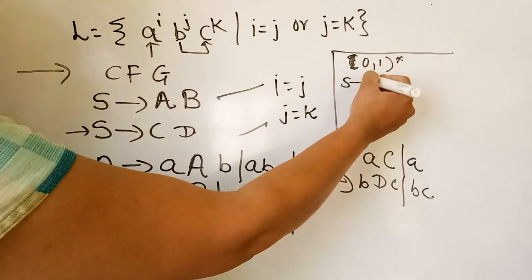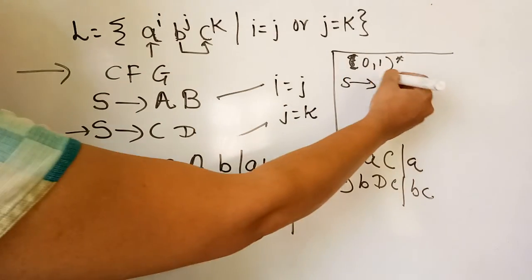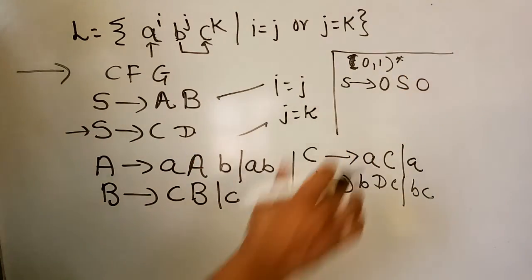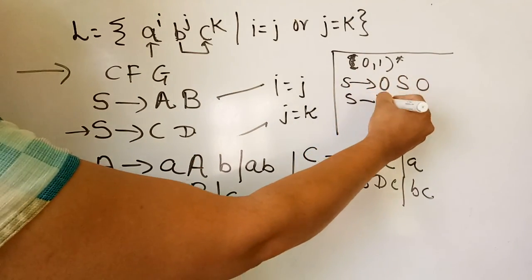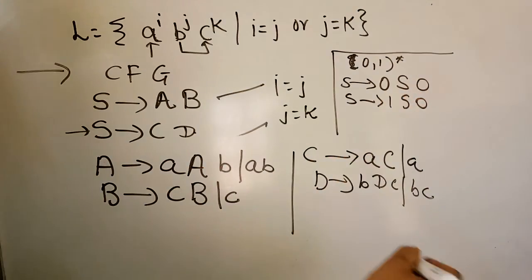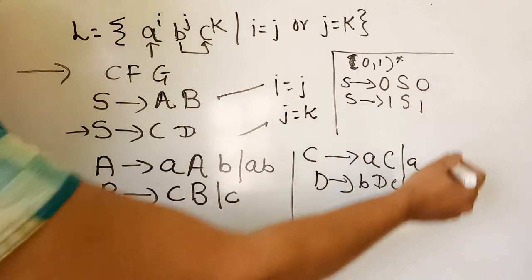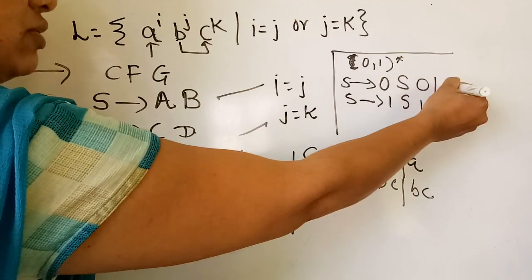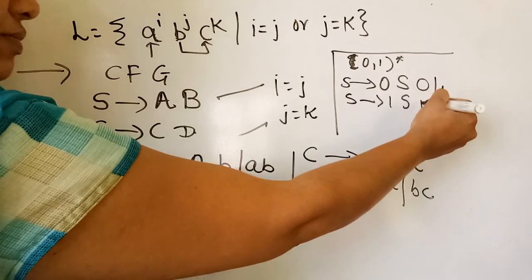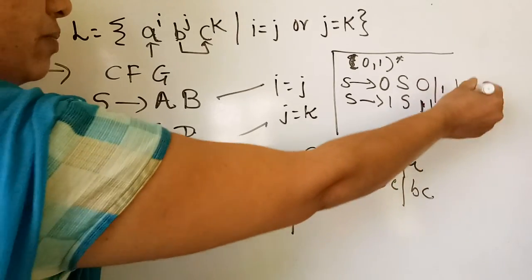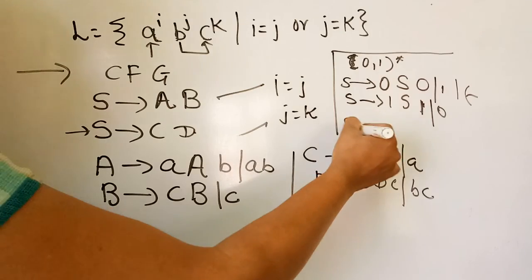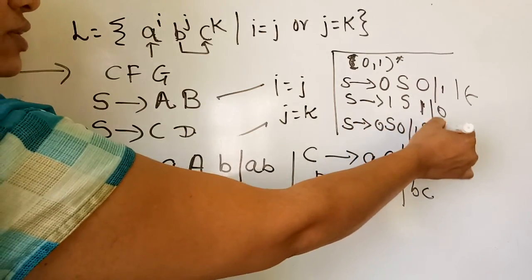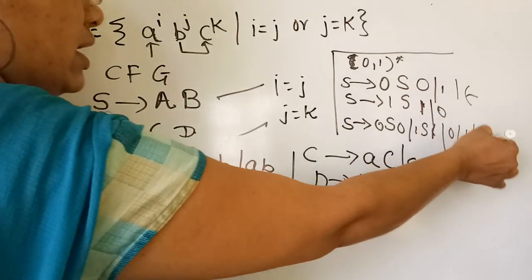For example, it may happen that two zeros have a combination of any number of terms. Again, it may happen that two ones have any number of combinations with ones, meaning it is a palindrome logic. And for that case, we can replace S with 1 or S with 0, or we can take epsilon. So for this palindrome case, the grammar will be S to 0S0 or 1S1 or 0 or 1 or epsilon.